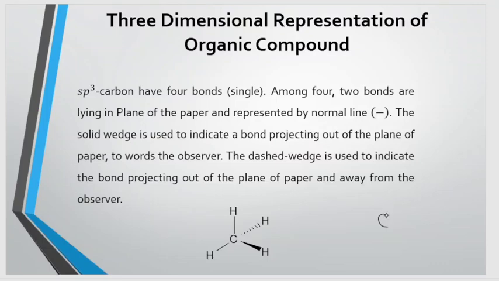And if we consider the carbon and 2 of the bonded atoms here, the hydrogens are in the same plane, and whatever dashed wedge we see here, this dashed wedge is projecting away from the observer, and out of the plane towards the observer is represented by the solid wedge. This is the solid wedge, this is the solid wedge, and this is the dashed wedge.